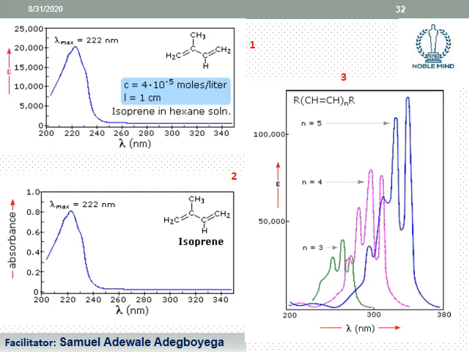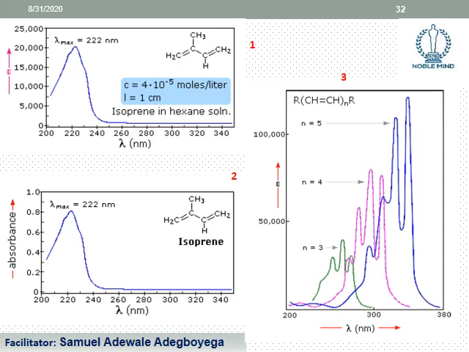You could see something here: spectrum 1 and spectrum 2 present the same compound. So in plotting the UV-visible spectrum, you could plot the molar absorptivity against the wavelength, or you could plot the absorbance against the wavelength.